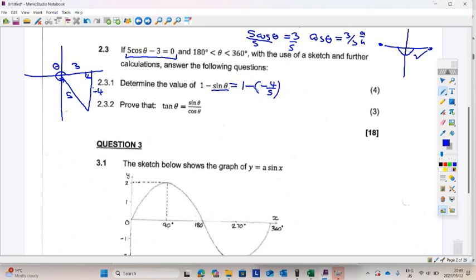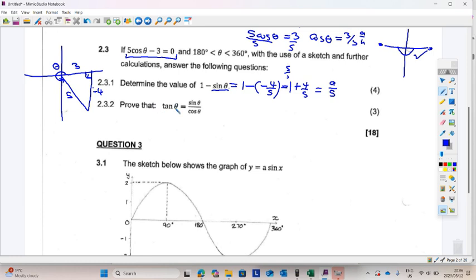The double negatives there, this is going to be then 1 plus 4 over 5. This is equal to 1 is the same as 5 over 5. So on the numerator is 5 plus 4, that is your 9 over 5. That is the answer there.